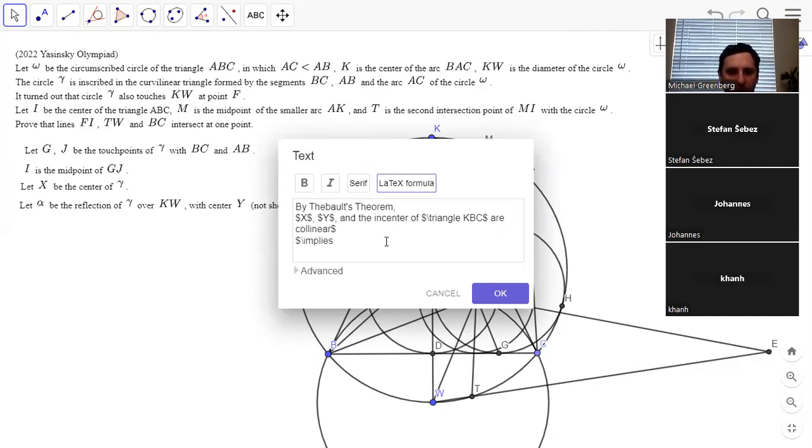And that means that F is the incenter of ABC.